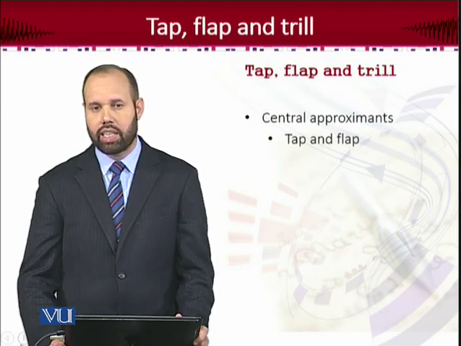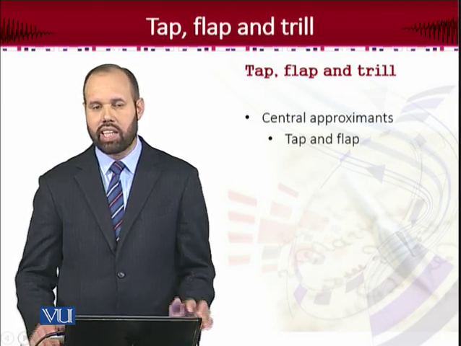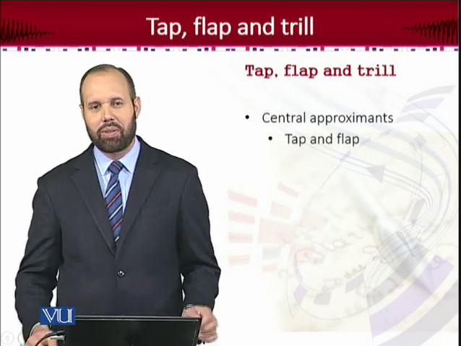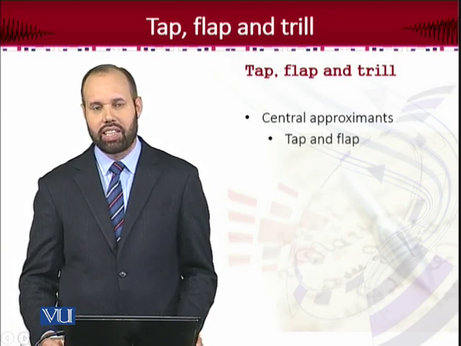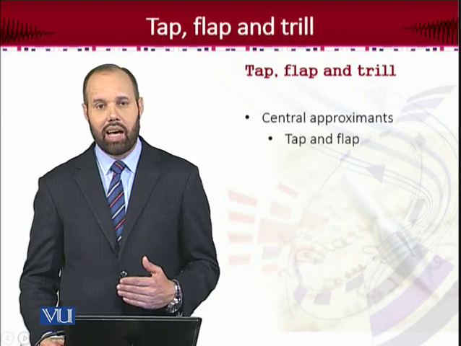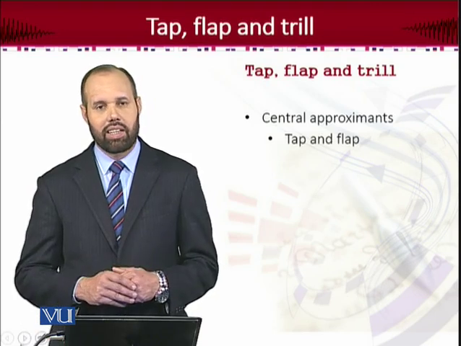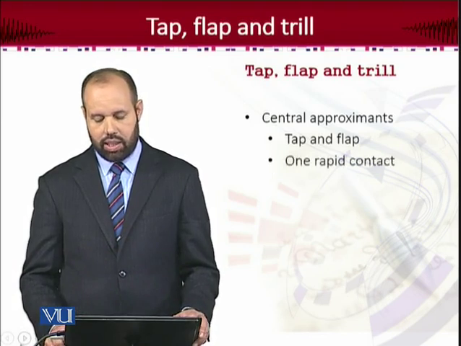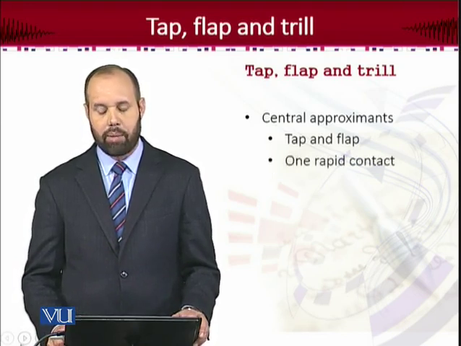And that similarity is that in the case of a tap, there is one single contact between the tip of the tongue and the alveolar ridge, right? Like r. In the case of a tap, there is one single contact, and this single contact is very rapid, right?